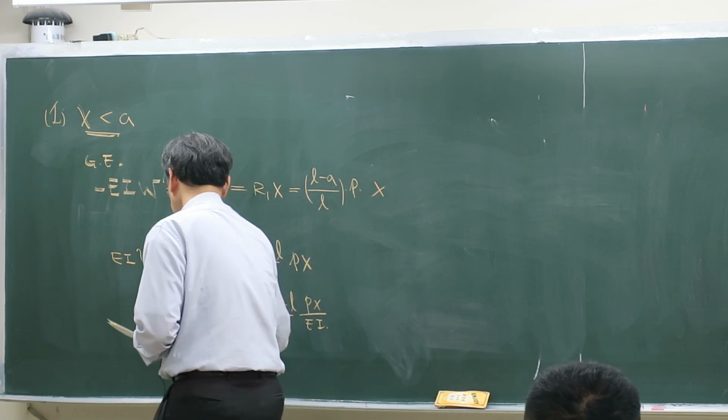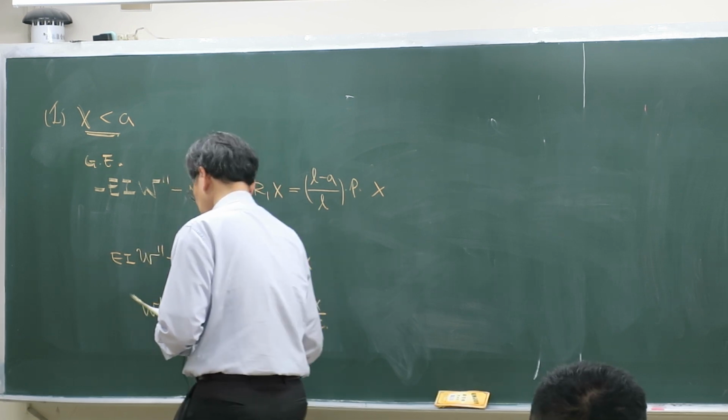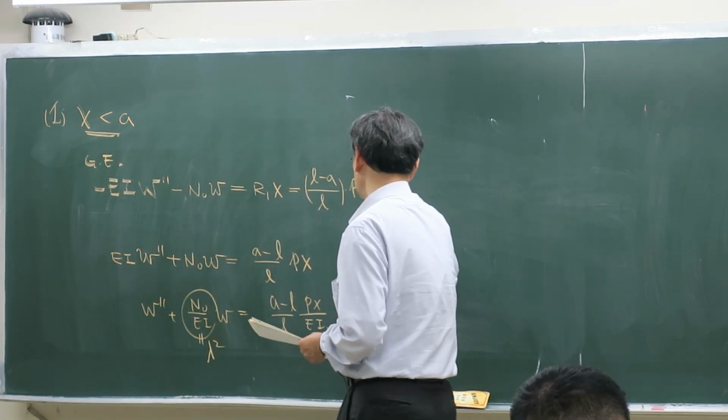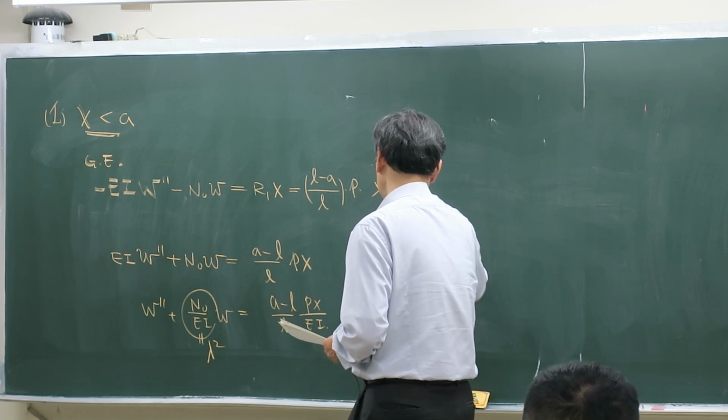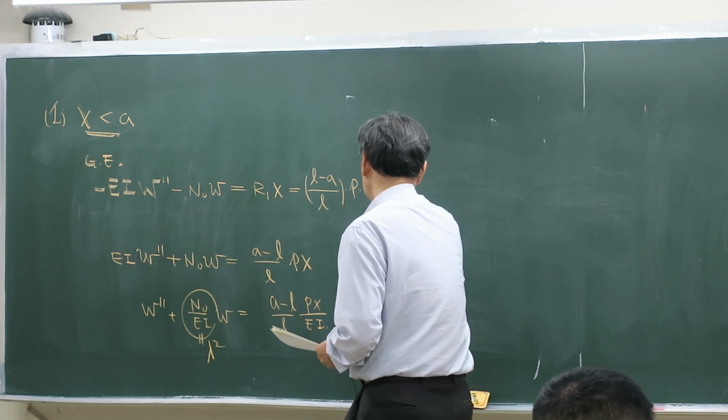Right? And I define lambda square equal to N0 divided by EI. Okay.